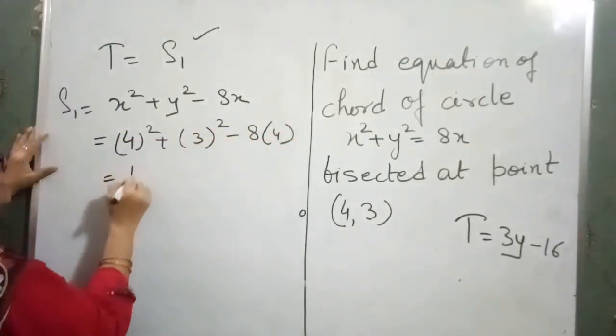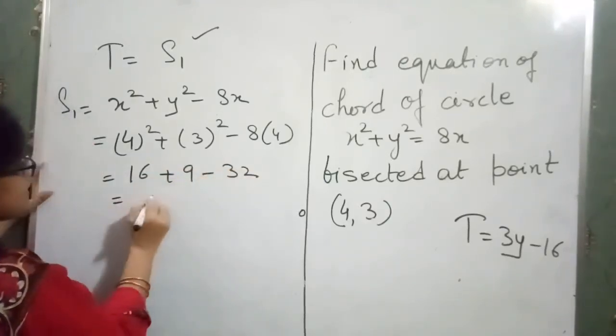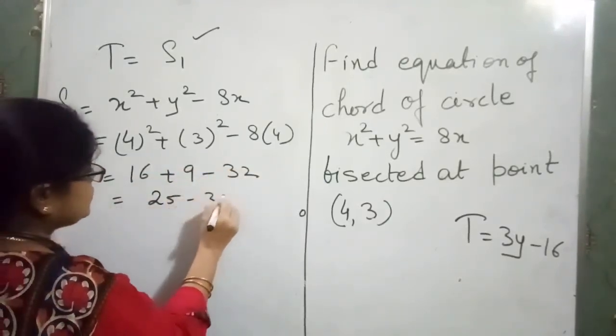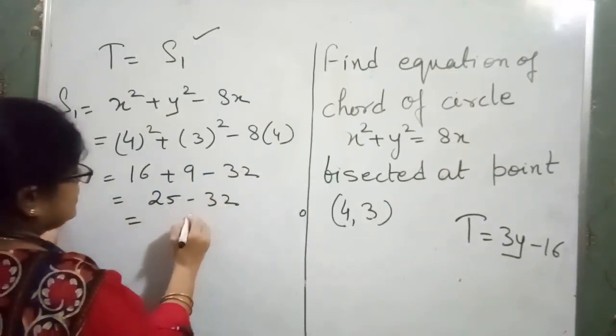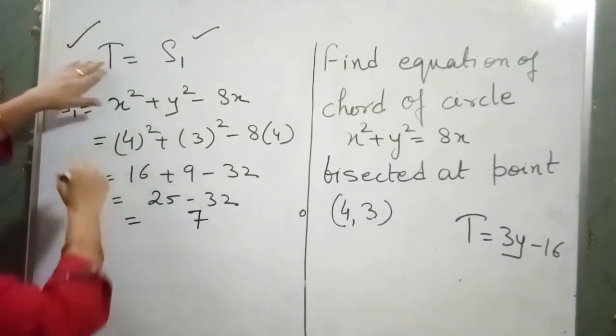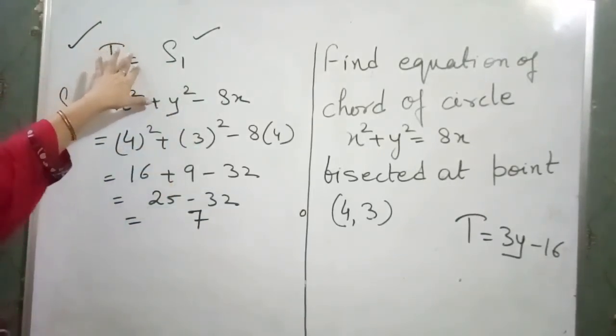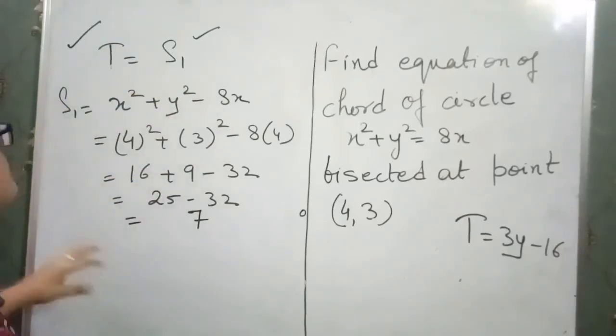So we have 16 plus 9 minus 32. That is 25 minus 32, we have minus 7. Clear? Now put both of the values, the tangent equation and the value of S1, in this, and after that we get the equation of the chord for the circle.